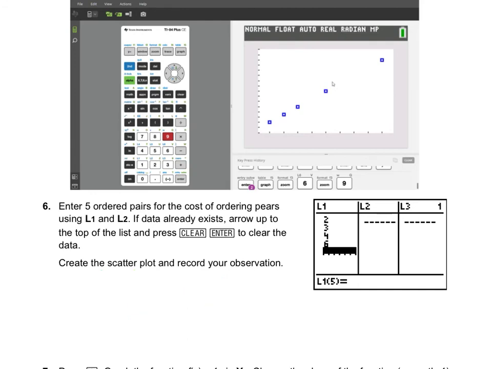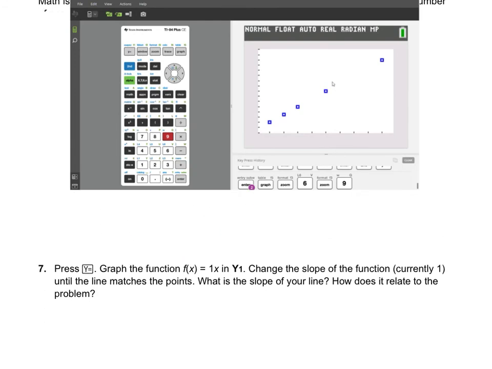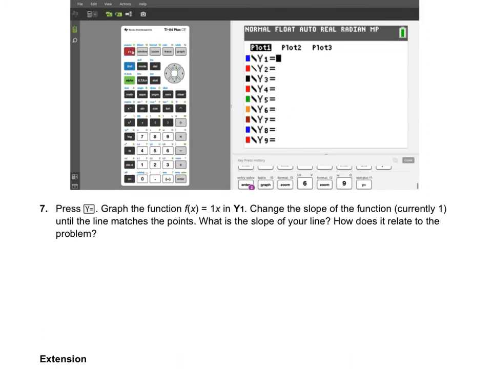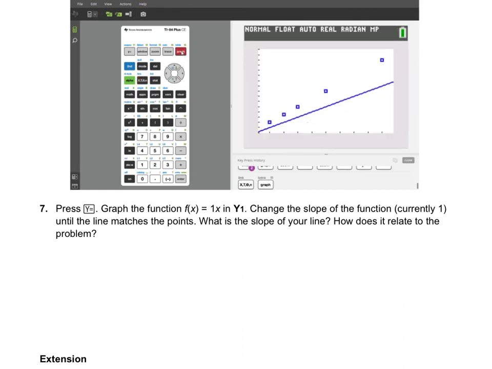Number 7. Now let's press y equals, graph the function 1x in y1. So what we're doing is trying to come up with some function that will model the data. And we'll talk a lot more about this in other lessons. So let's enter 1x, that's the variable x, and then we could press graph.